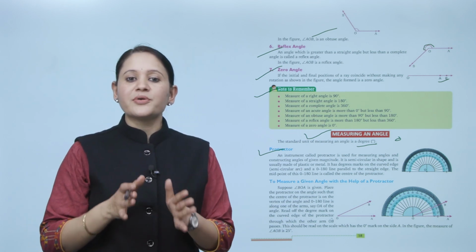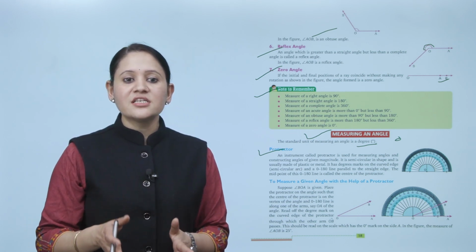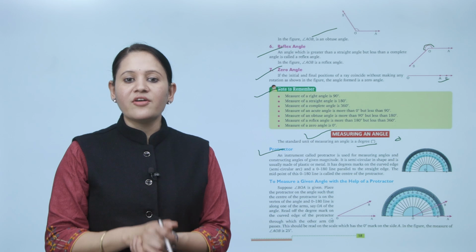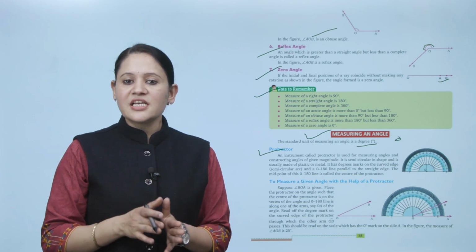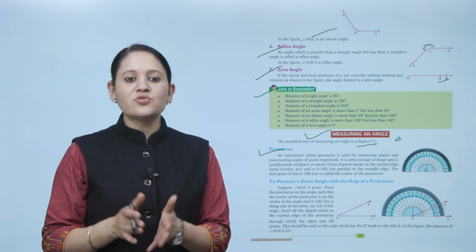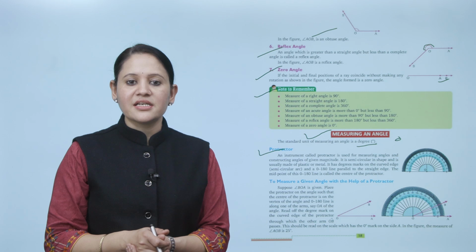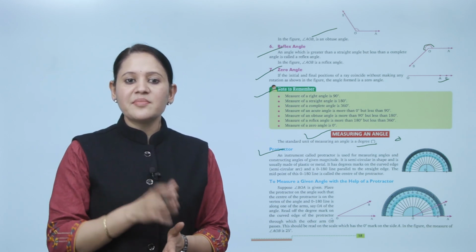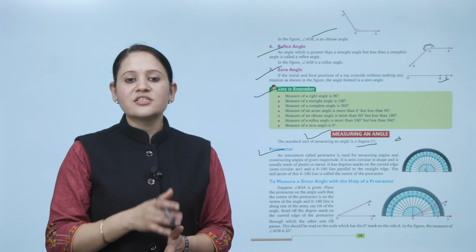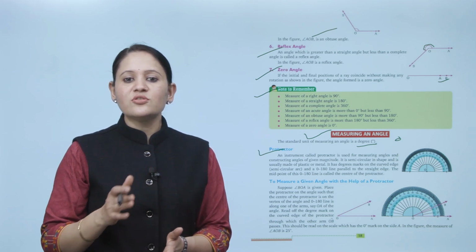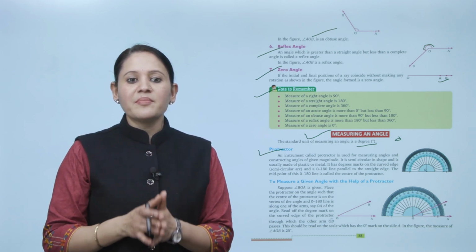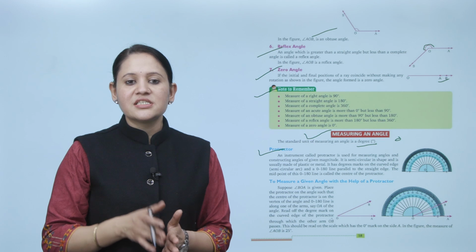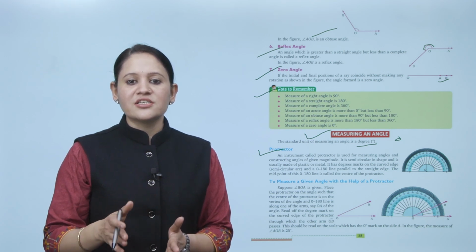An instrument called protractor is used for measuring angles and constructing angles of given magnitude. It is semicircular in shape. It is usually made of plastic or metal. It has degree marks on the curved edge, semicircular arc, and the 0 to 180 degree line parallel to the straight edge. The midpoint of this 0 to 180 degree line is called the center of the protractor.